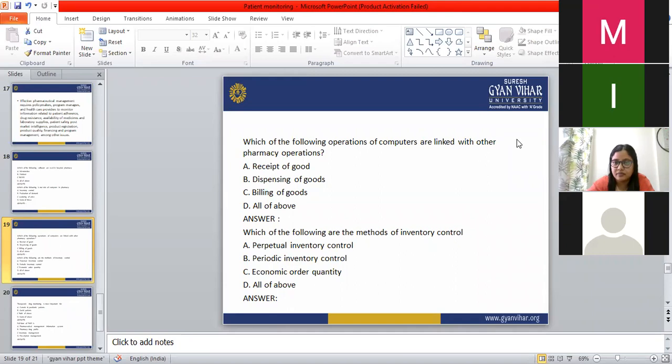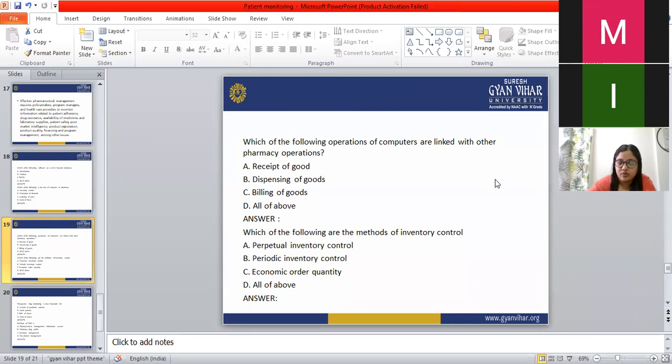Okay, Naseem. Yes, ma'am. Yeah, tell me the answer. Ma'am, all of the above होगा, इसलिए recipients of good भी होगा, dispensing of good भी होगा. Okay, so the answer is all of the above.